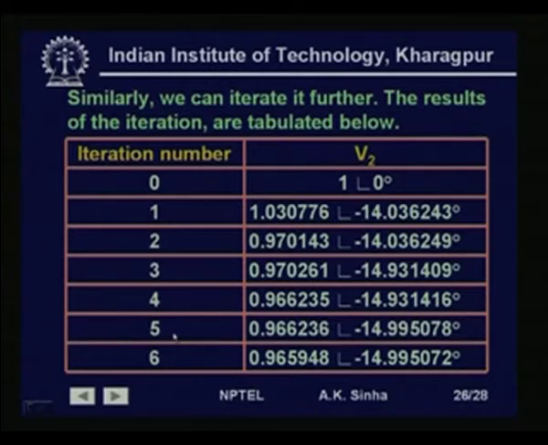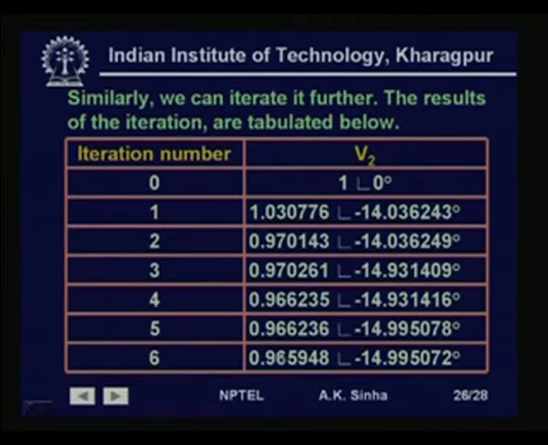At the fifth iteration, after substituting the value obtained at the fourth iteration, we will get 0.96623 angle minus 14.9950, and the sixth iteration, after substituting the value at the fifth iteration, we will get 0.96594 angle minus 14.9950.